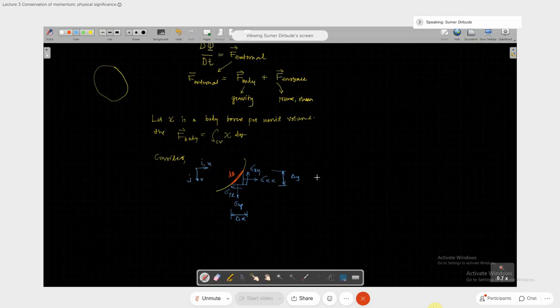Then you can write sigma xx dy. Let me write dy, infinitesimally small; delta is some finite difference.